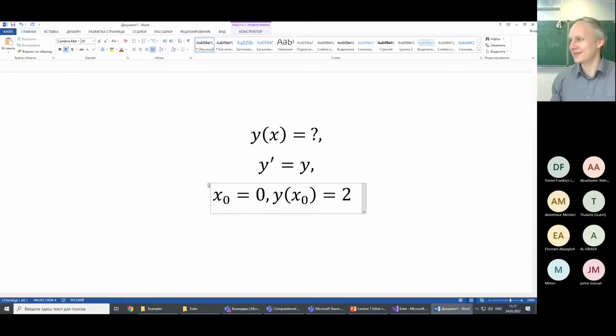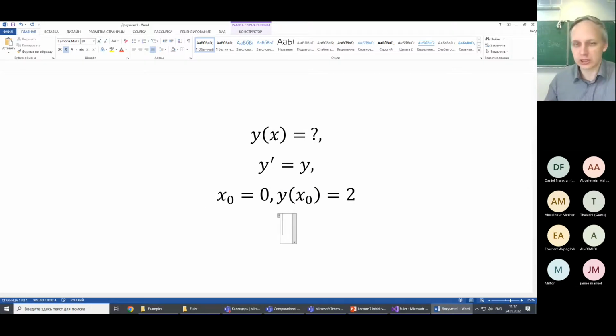We already solved this example, and you know the actual solution. That's why this equation is very important, because it's very simple to compare the actual solution and the numerical one. Well, let's try to solve this equation with step h equals 0.1.